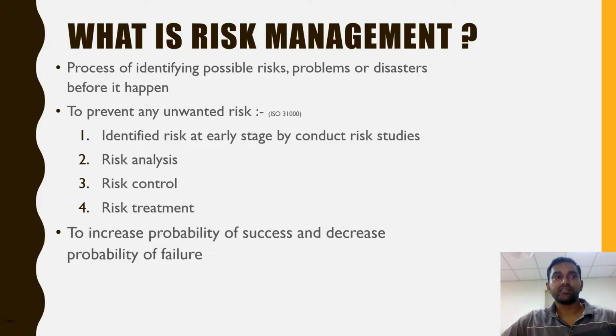One of the factors is to increase the probability of success and decrease the probability of failure. Nobody in this world likes to be a failure, right? So that's why we do risk management, to ensure our organization is safe enough in future.